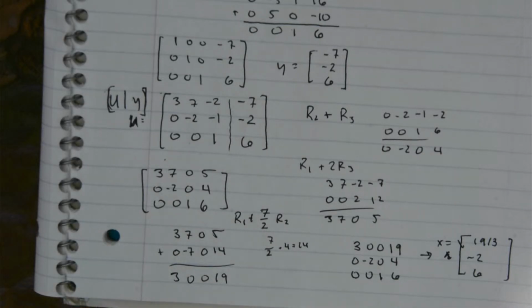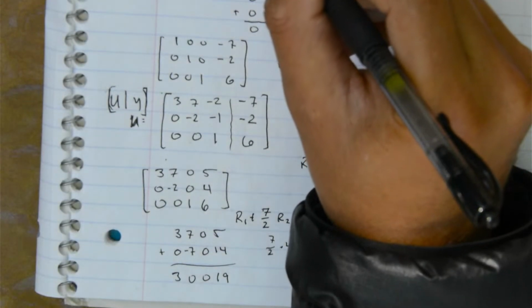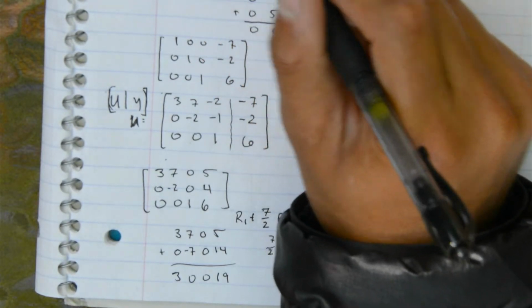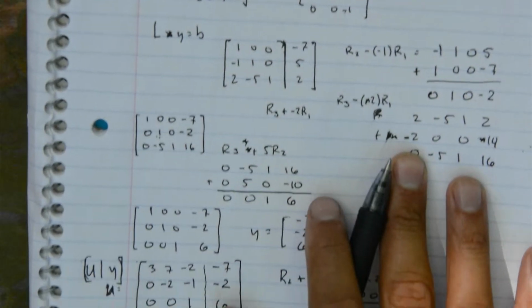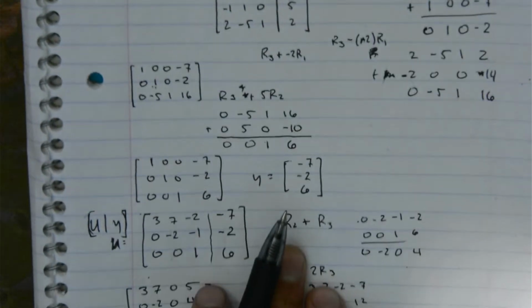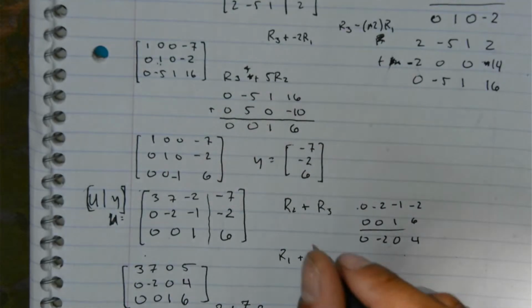Okay, so y, we got y correct, but then we got U wrong. Wait, how did that happen? Oh, this is a -1. Damn it. Okay, that's what messed it all up. So this is a -1. So then this is a -1.